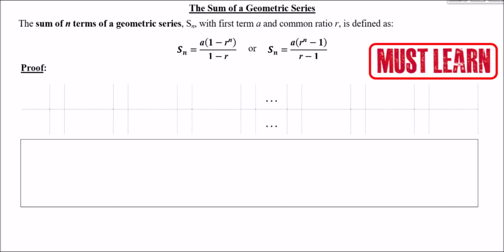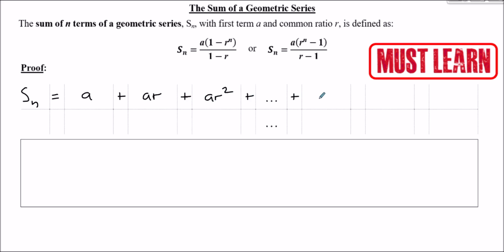So first of all, I'm going to write the sum of the first n terms like so. The first term's a, second term is ar, and we keep multiplying through by r, so the next one's going to be ar squared, plus, and so on, and so on.